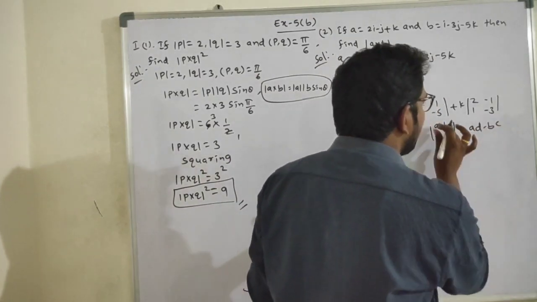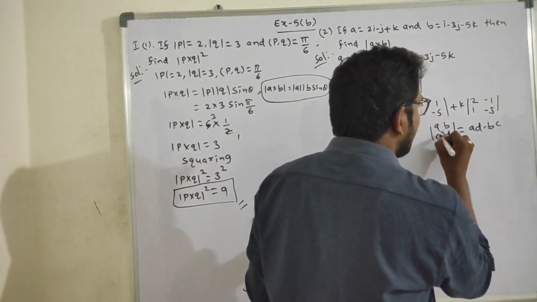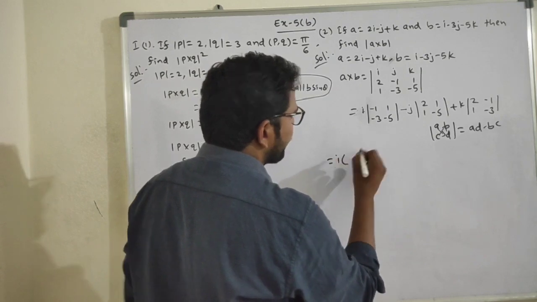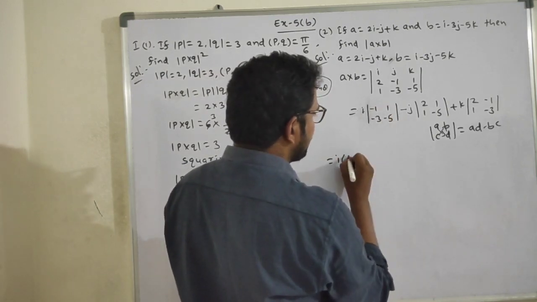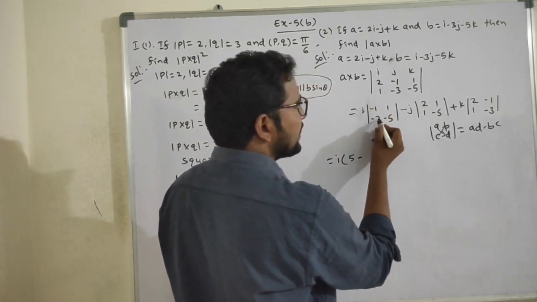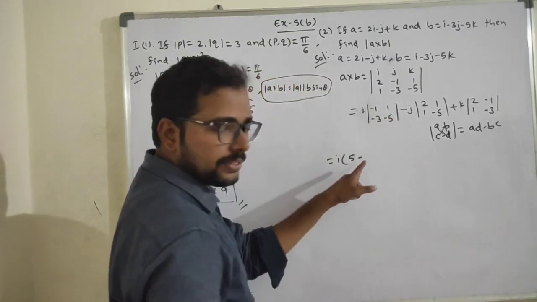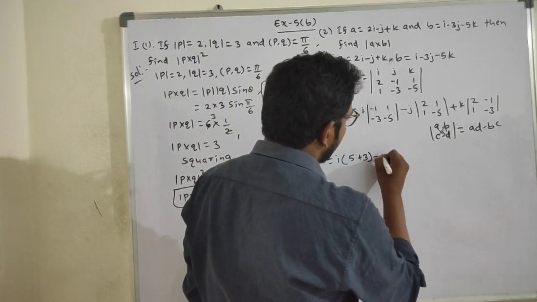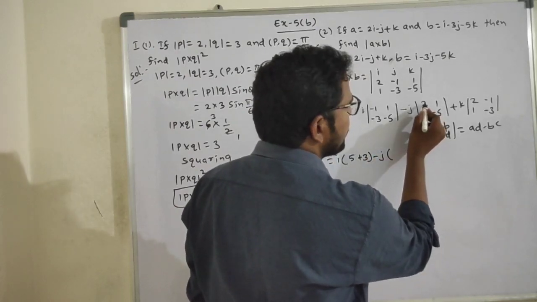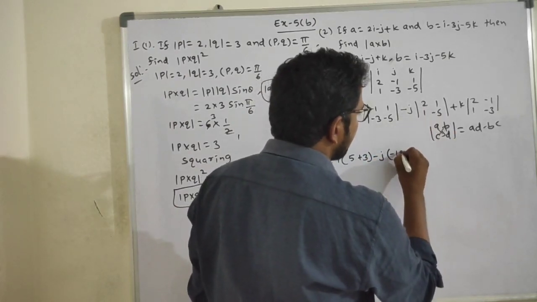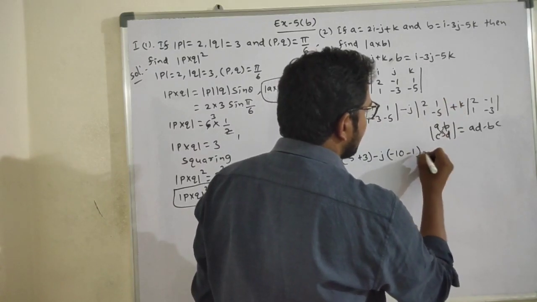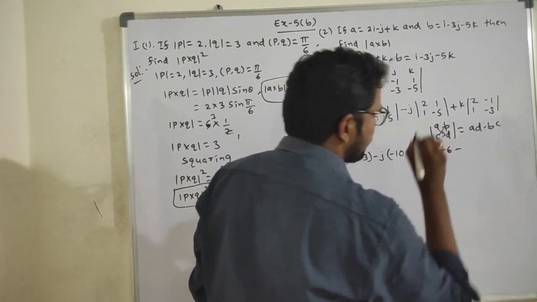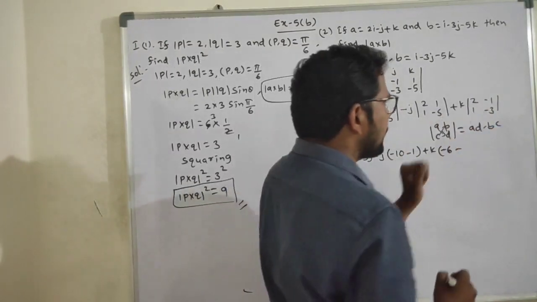AD minus BC. A into D minus B into C. So here also the same: i into (-1 into -5 plus 5), minus j into (2 into -5 minus 10), minus 1, plus k into (2 into -3 minus 6), minus 1 into -1.